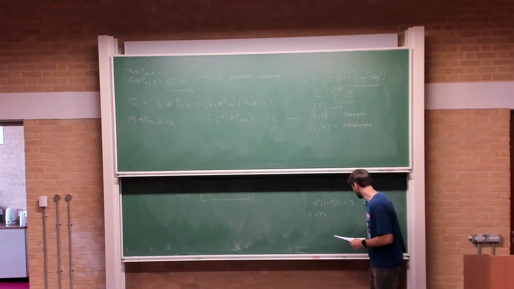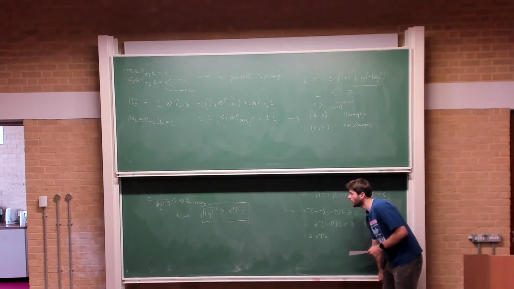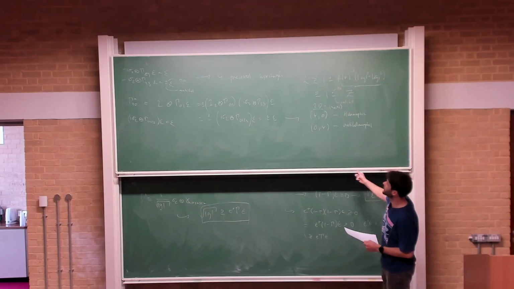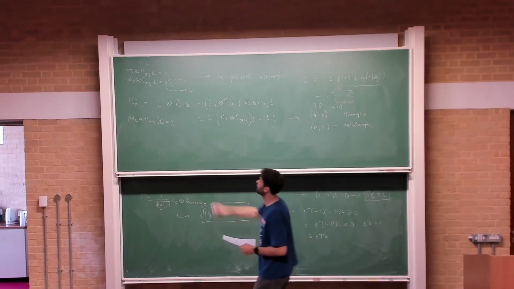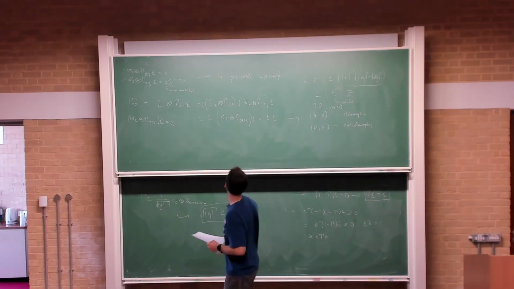So I'd like to now start talking about points where you can have supersymmetry enhancement, which essentially corresponds to points along the brane's embedding where one of these conditions drops out.